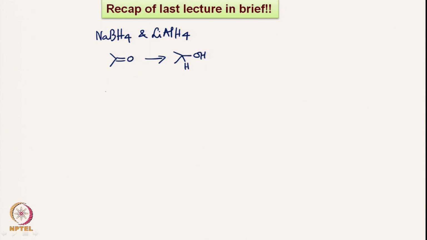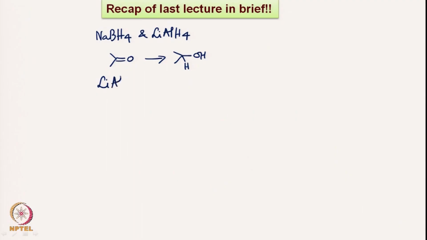We also saw that the reactivity of sodium borohydride or lithium aluminum hydride could be altered by making them sterically hindered, by reacting them with alcohols such as methanol or ethanol or even tertiary butanol. In this respect I explained that lithium aluminum tri-tertiary butoxy hydride is basically a very strong and sterically hindered reducing agent.